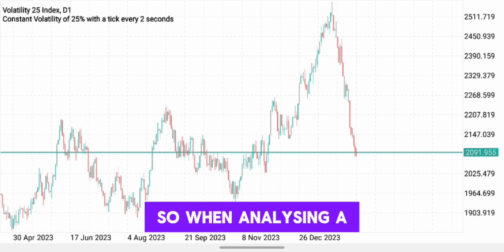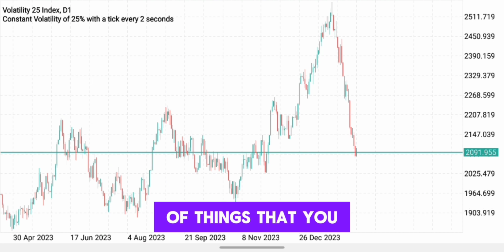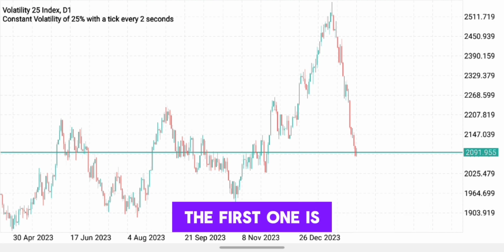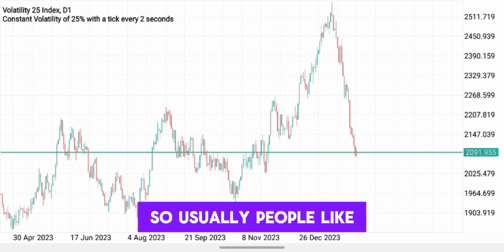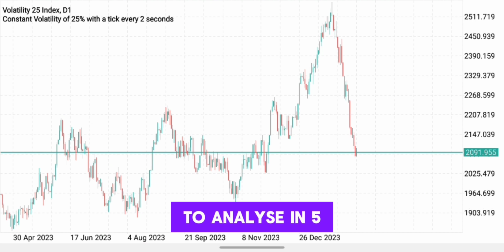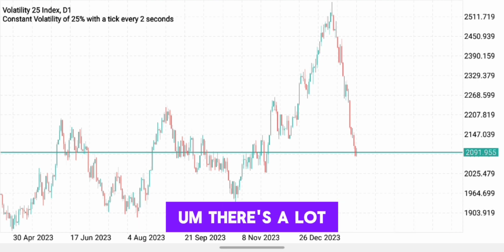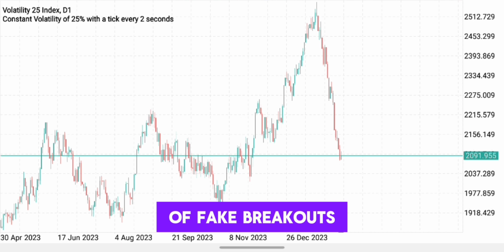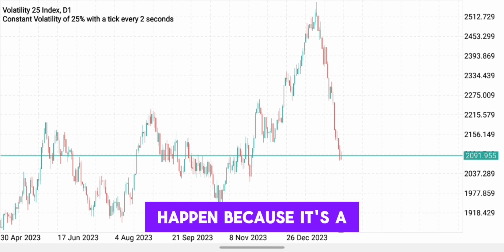So when analyzing a forex market, there are a lot of things that you should consider. The first one is which time frame are you using? So usually people like to analyze in 5 minutes and 10 minutes and 15 minutes, but mostly in 5 minutes and 15 minutes trading, there's a lot of fake breakouts, fake outs, and a lot of things happen because it's a lower time frame.